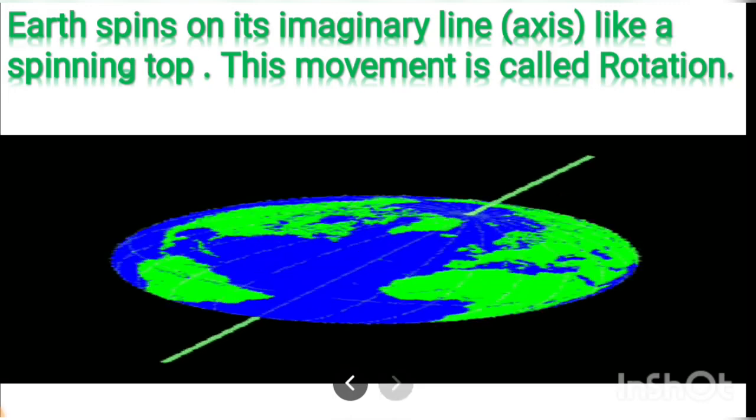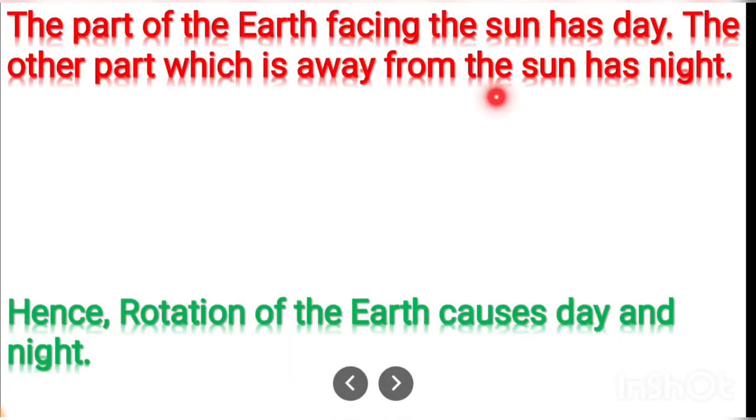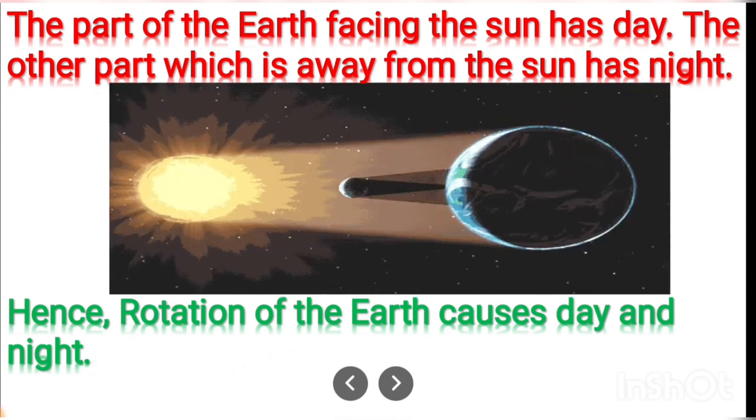Coming to the next, the part of the earth facing the sun has day, and the other part which is away from the sun has night. So because of this rotation of the earth, we have day and night. I'll show you the picture. It will be more clear. You can see this part is facing the sun.